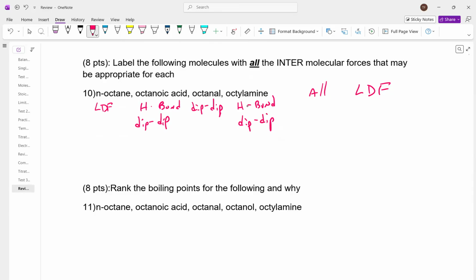Okay, now these two look equivalent, but they're not. The acid has a stronger hydrogen bond than the amine. So this is going to be number 1. Number 2 is going to be this one.